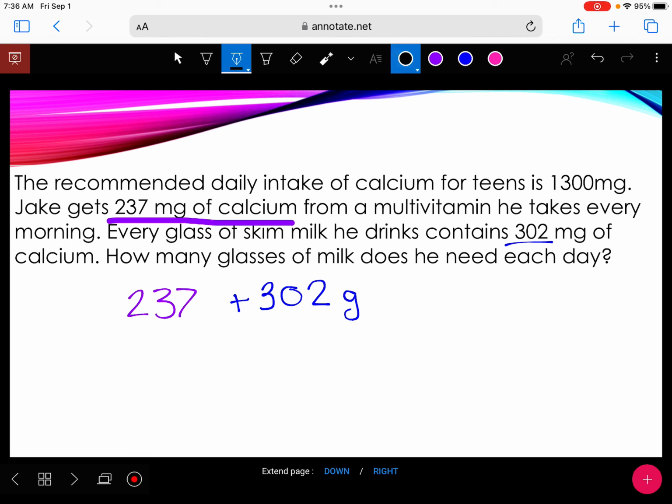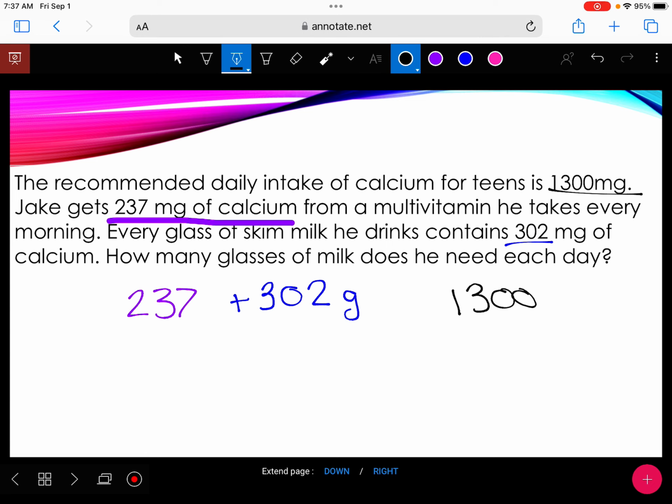So we do know that this needs to be a total of, his goal here is 1,300. So that's our total. What we need to do now is figure out which inequality it is. Do we want this side to be bigger, or do we want that side to be bigger? We want the left side bigger or the right side bigger? Left side. The left side bigger.